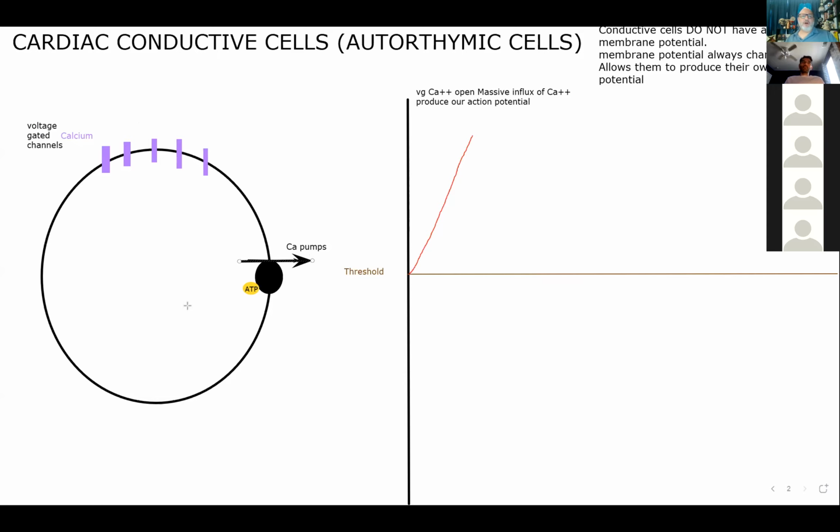But with all this calcium rushing in these voltage gated calcium channels, are those poor little pumps going to be able to keep up with all of the calcium that is rushing in? No. No, absolutely not. So what's going to happen is we are going to get this massive influx of calcium.